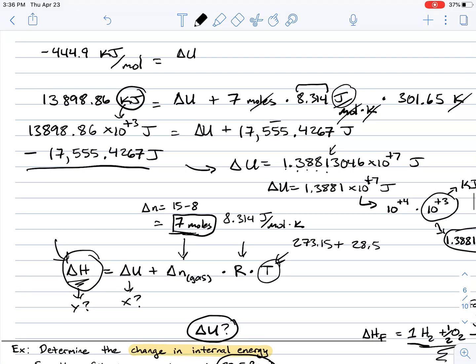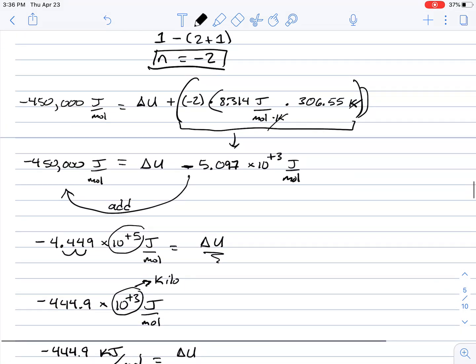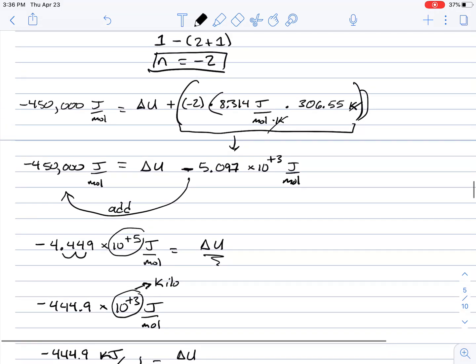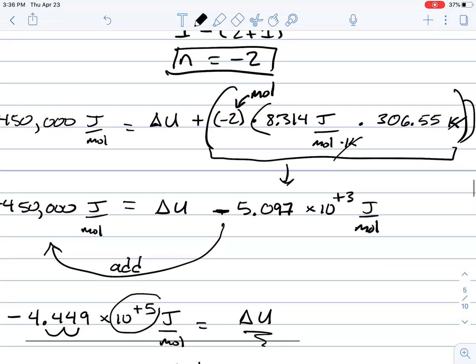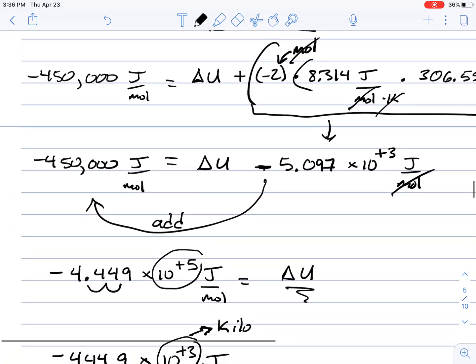Okay. And so let me see here. I think I skipped a step. Not so much skipped a step, but I didn't write a unit. That's what happens if you don't write units. So the change in n is going to be per mole. So that one's gone actually.